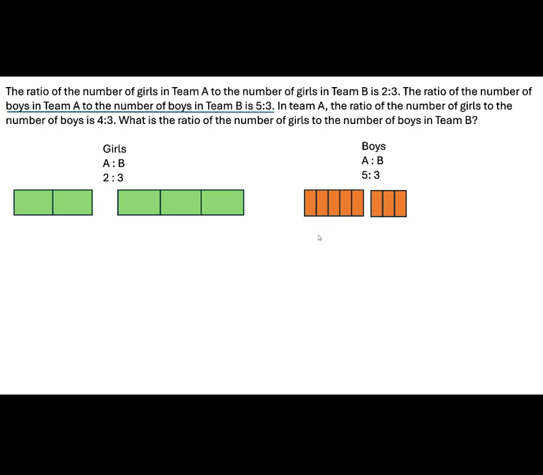And now after this, there is the third ratio, which says that in team A, the ratio of the number of girls to the number of boys is 4:3. That is, the number of girls in team A, that is here, is to the number of boys in team A given to be 4:3.